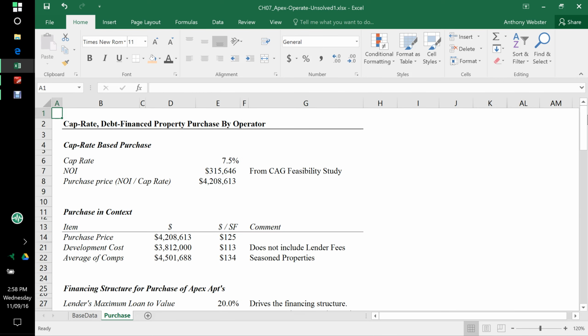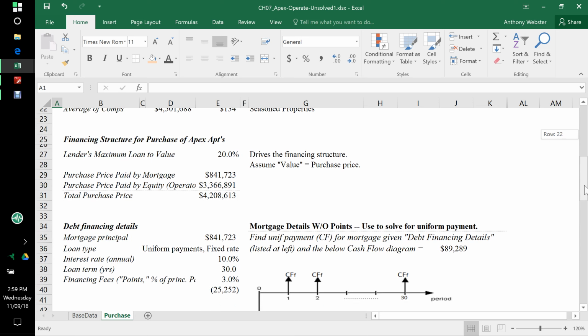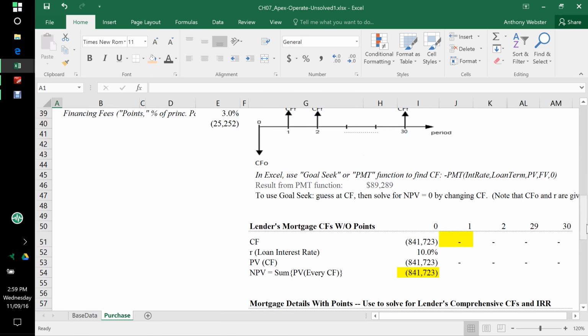So that's in this spreadsheet, Chapter 7 Apex Operate on the purchase page. And again, this unsolved version just pretty much is exactly the same as the version we looked at in class without some things already solved for us.